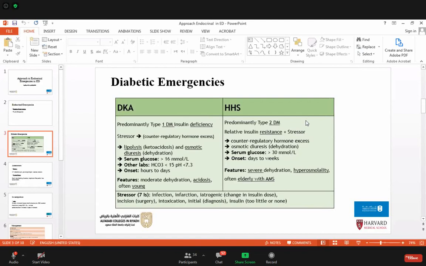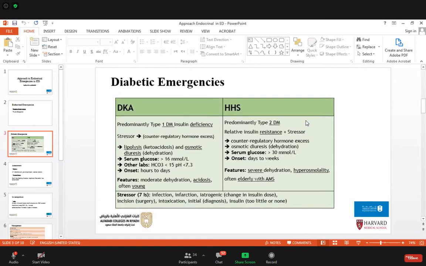So DKA, from the name, diabetic ketoacidosis. This patient should be diabetic and have hyperglycemia, high glucose in the blood, and also should have high ketones in the blood, which is the keto reason for it. The ketone is related to lipolysis.